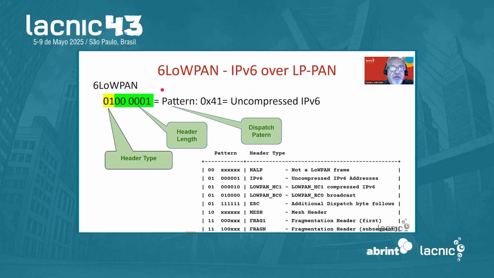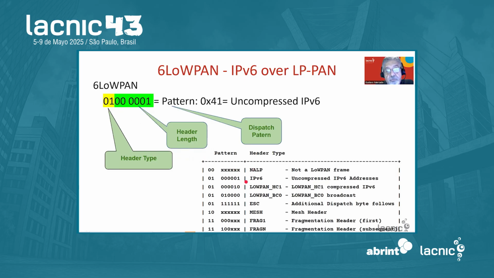And in the 6lowpan, in the first layer of the network, we have a field that is called pattern, that has two subfields. One is the header type and the header length, or the pattern length. In here we have 01.